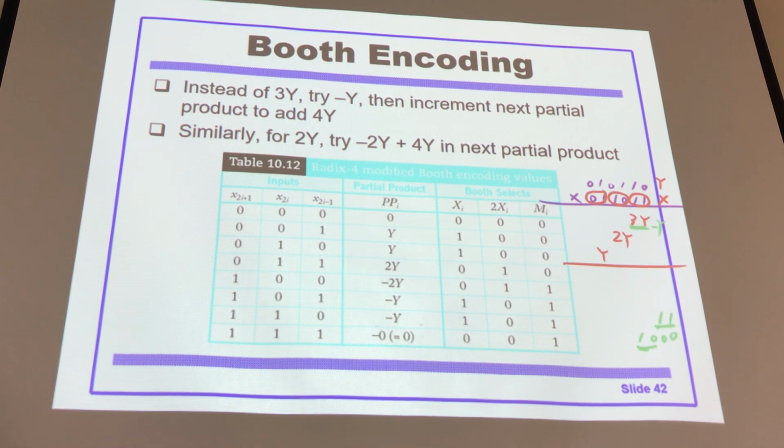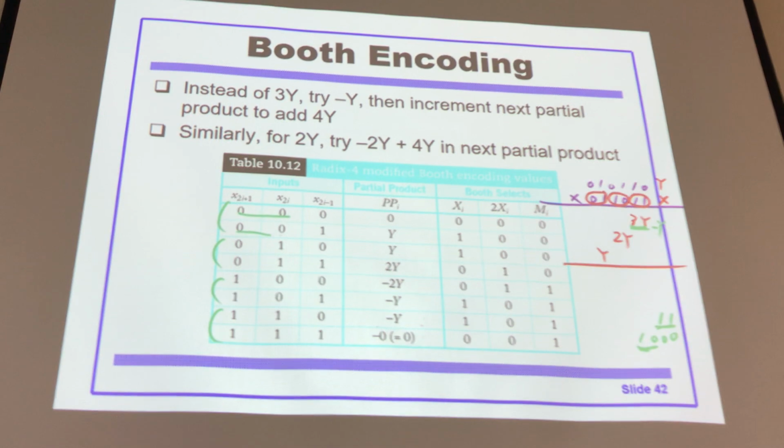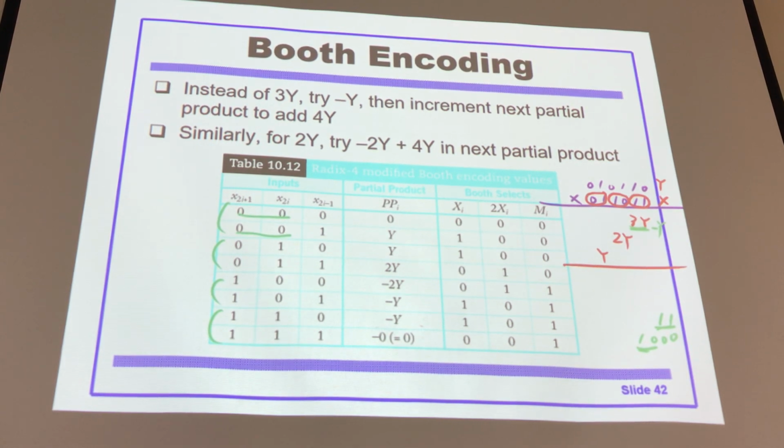Why are we doing this? Two bits at a time. These 2 bits in the multiplier, 1 1, or 0 0 1, 1 0 1 1. Okay, here's 1 1.